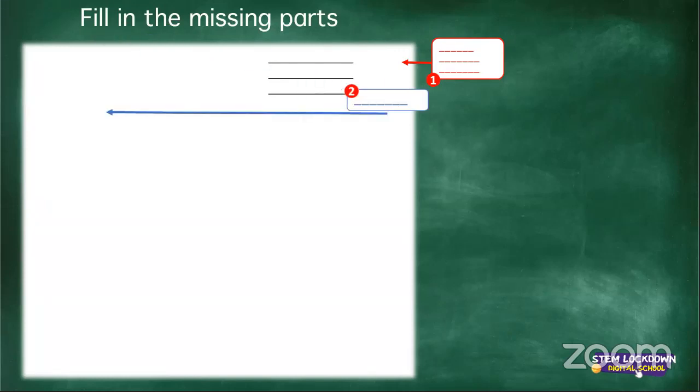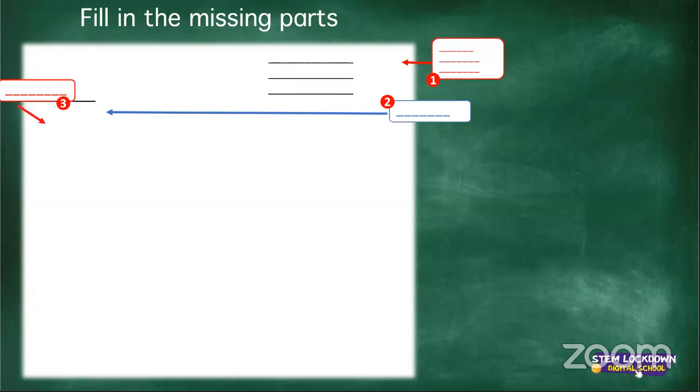So let's go on. What happens next? What does this blue line mean? Write it down. You got it? Right. Then we have this part where we say, dear somebody. What is it called? What's its special name?